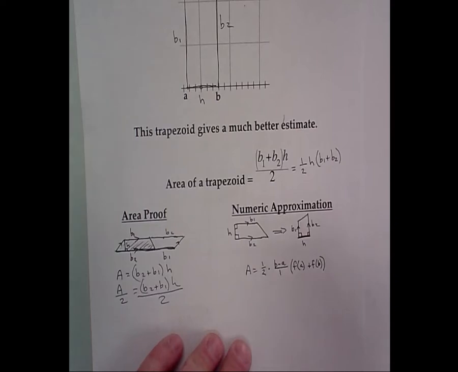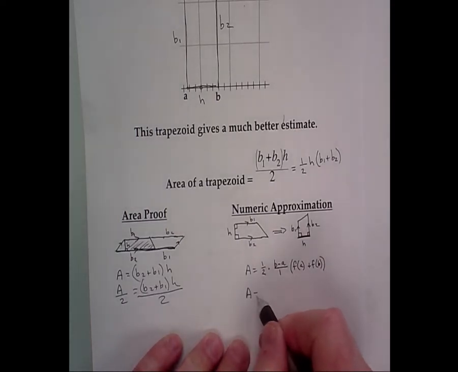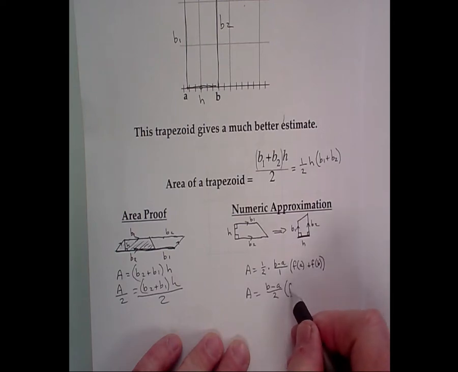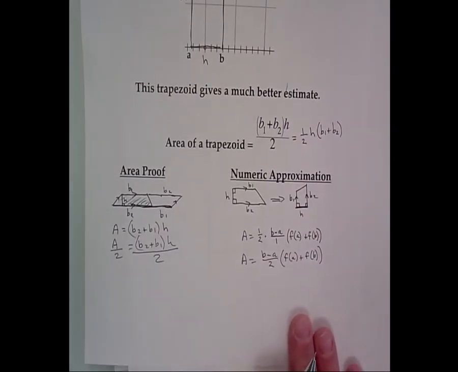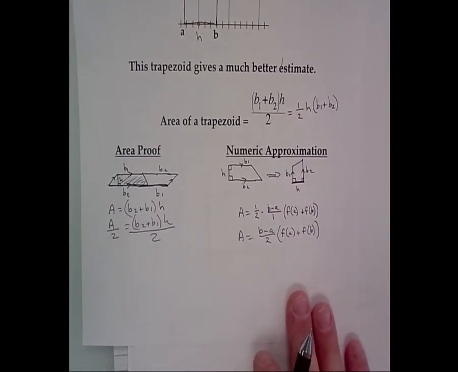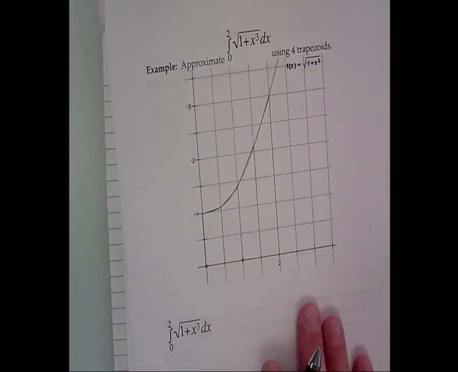So I could say that the area in this case is (B minus A) over 2 times (F of A plus F of B), like that. And if I knew A and B, off to the races I would go. Correct? We okay with that? All right, page 2.